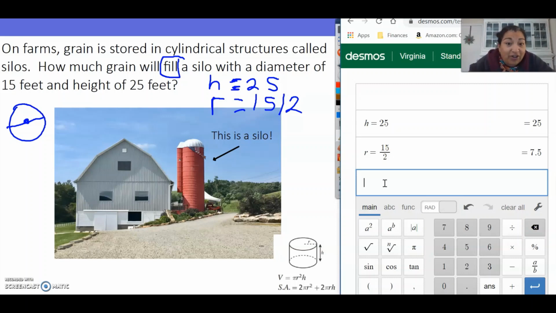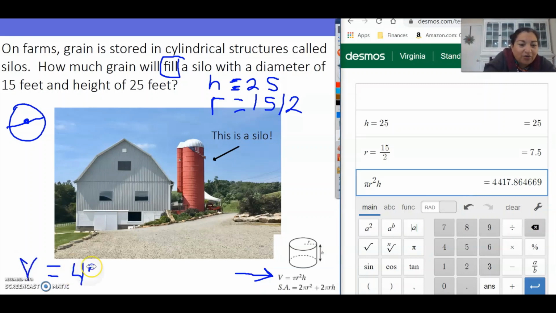So let's look down at the bottom. Since we're talking about filling, we need to use the volume formula. So let's type that in. It's pi r squared h, and that means our volume is equal to 4,417.9.